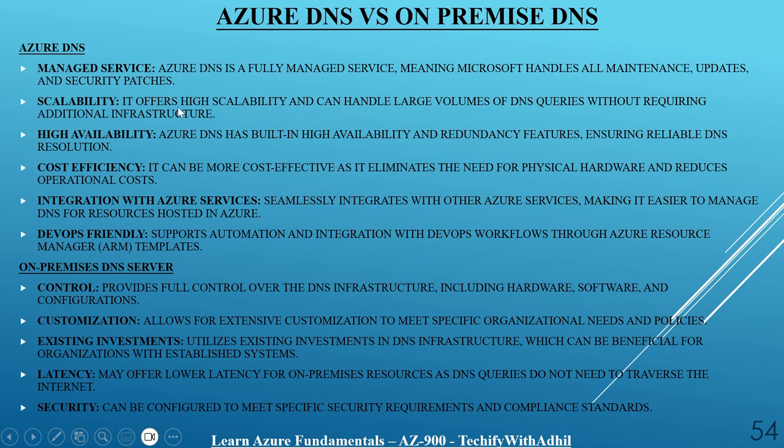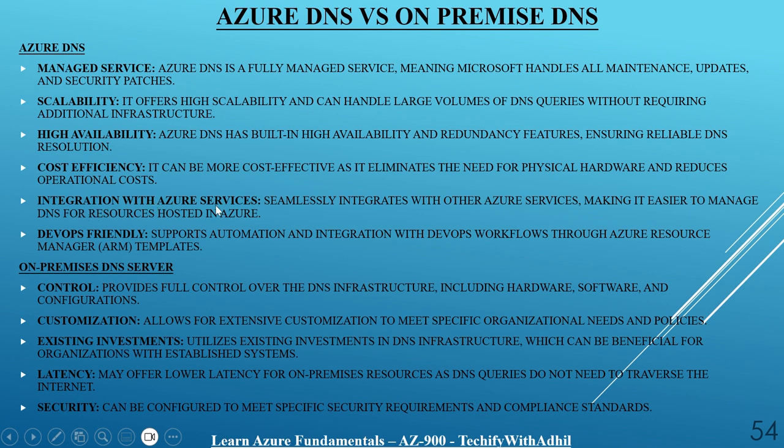Scalability. It offers high scalability and can handle large volumes of DNS queries without requiring additional infrastructure. Then high availability. Azure DNS has built-in high availability and redundancy features, ensuring reliable DNS resolution. Then cost efficiency. It is more cost efficient, as it eliminates the need for physical hardware and reduces the operational cost.